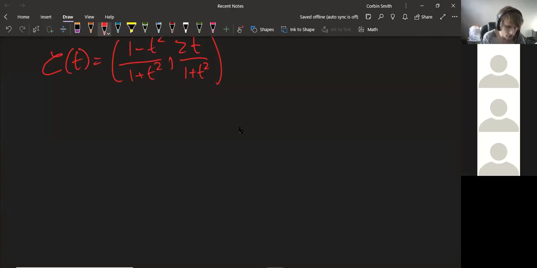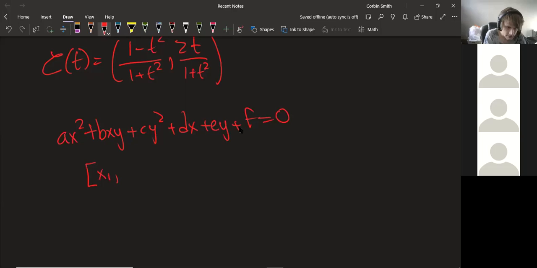If we have a new conic section, ax squared plus bxy plus cy squared plus dx plus ey plus f is equal to 0, and the point x1 comma y1 is on this conic, then we have that a parameterization of this conic is given by, this is a really ugly formula, don't memorize it, but I'm just saying it works in every kind of conic that you can dream of.